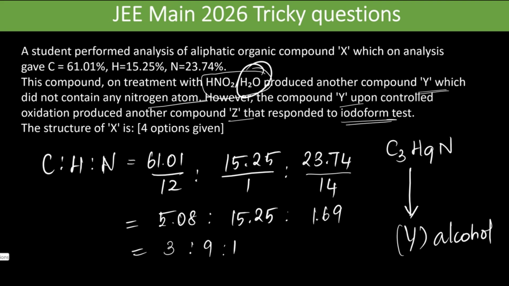So let's write it from backwards. Z gives the iodoform test. So I have only 3 carbons there. CH3CH2CHO I can't write, so I have the option of CH3COCH3. Let's try this one, which is formed from the oxidation of the alcohol.